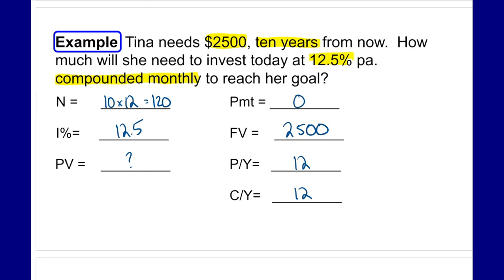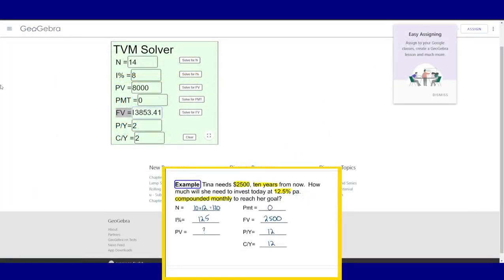Again, now that we have all our variables filled out, we know what we're looking for. We can go back to our TVM solver, enter in the new values, and this time we're going to click on solve for PV, and we get, again, it is negative, but we're going to disregard the negative.